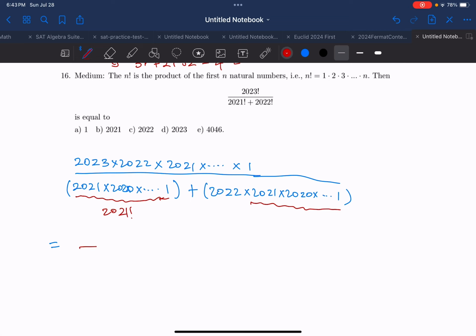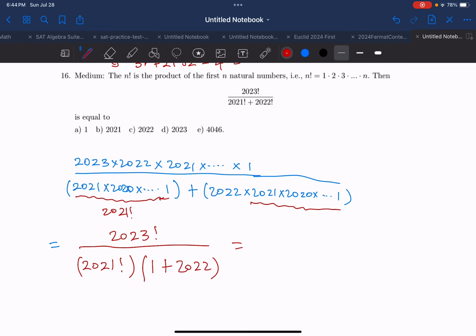So if we group the denominator, 2021 factorial, this will just be 1 plus 2022. And the numerator would be just 2023 factorial.